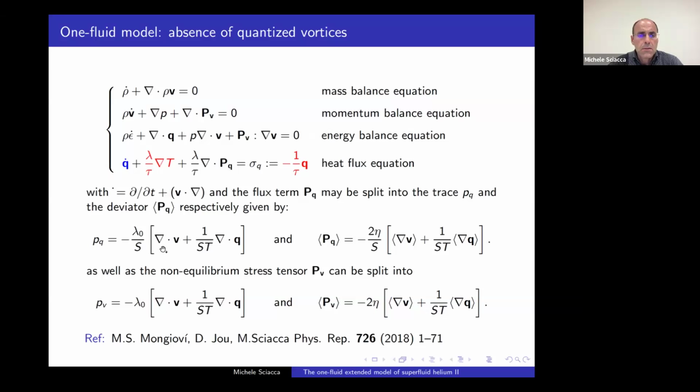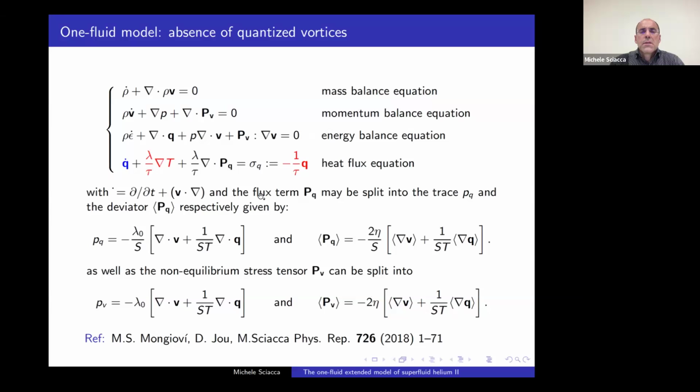The divergence of V and Q are of course the velocity and the heat flux, s is the entropy, and T the temperature. So this is one of the simplest models.